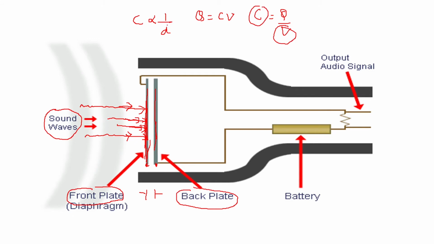As the distance between the plates varies, the capacitance value varies inversely. These are the basic formulas we will use to convert sound waves into electrical waves. The sound wave is going to strike the diaphragm, which is the front plate of the capacitor, whereas the back plate is fixed.